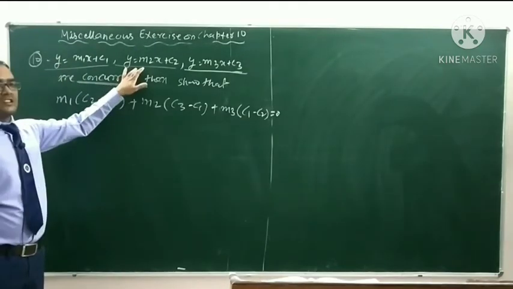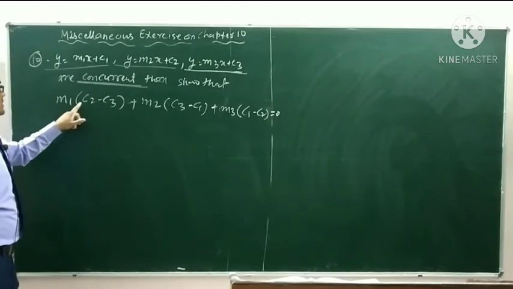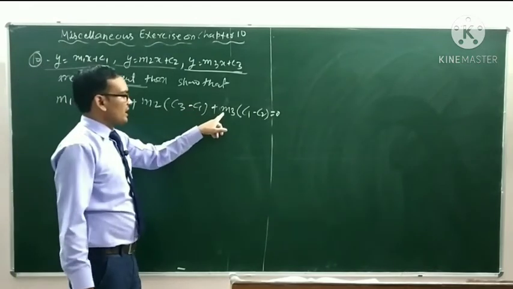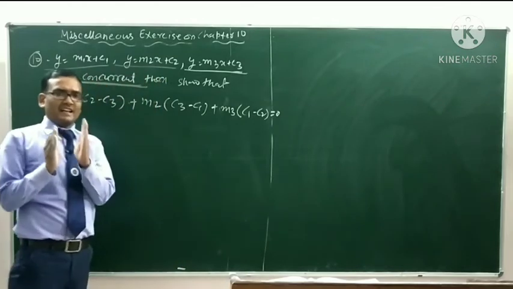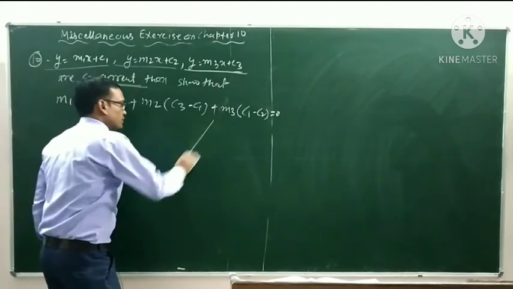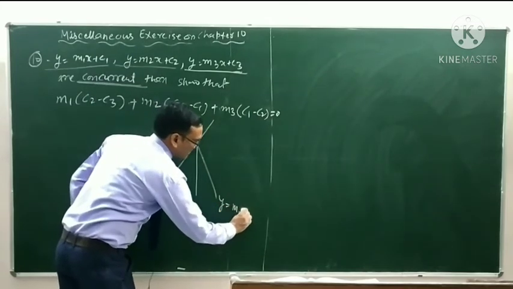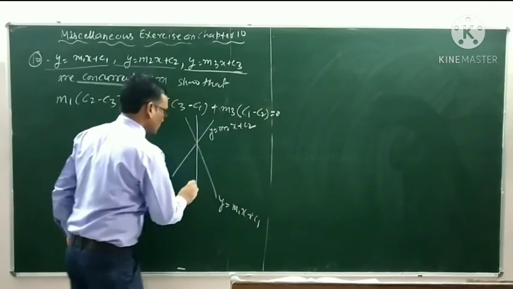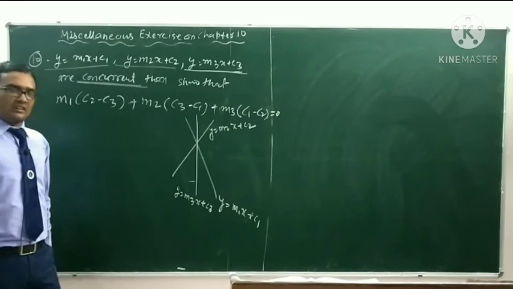Then show that m1 into c2 minus c3 plus m2 into c3 minus c1 plus m3 into c1 minus c2 is equal to 0. Three lines are concurrent, that means three lines intersect at a point.